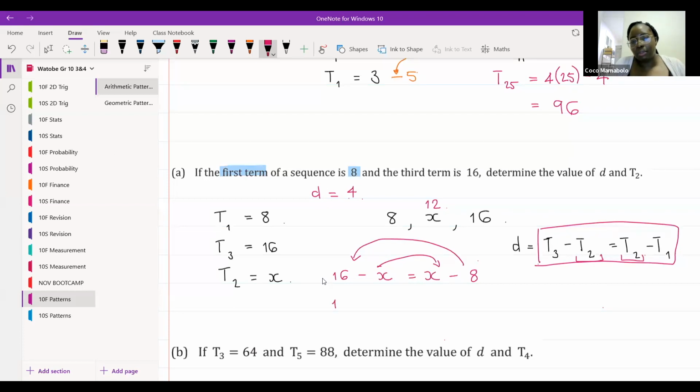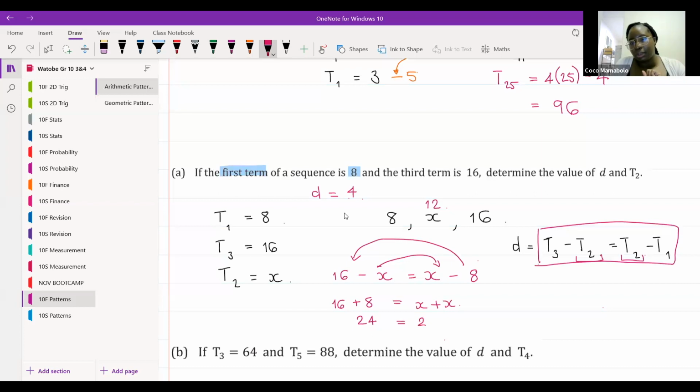So I'm going to end up with 16 plus 8 is equal to x plus x. 16 plus 8 is going to give us 24 on this side, which is equal to x plus x, which would give us how much, Dumiso? X squared. Adding, I have two x, ma'am. Oh, 2x, sorry, 2x.